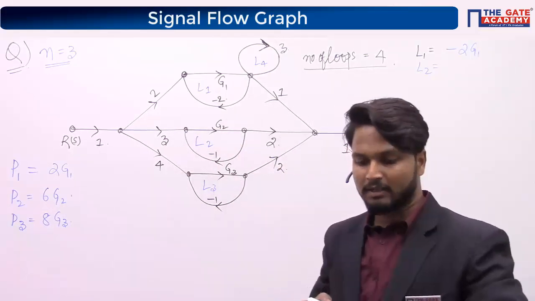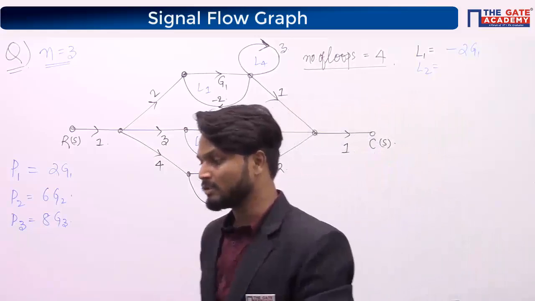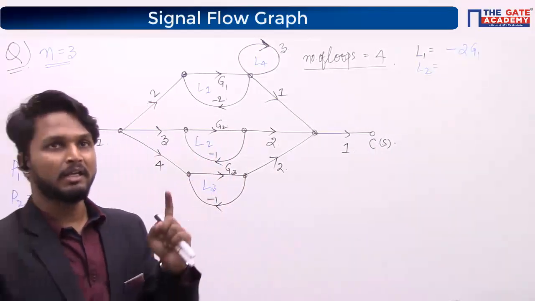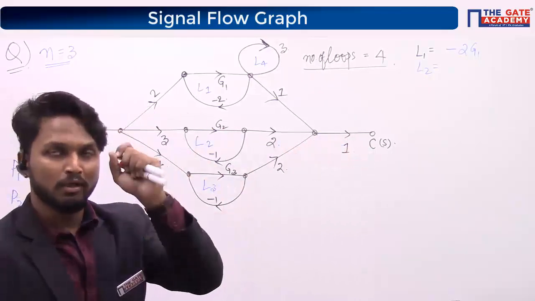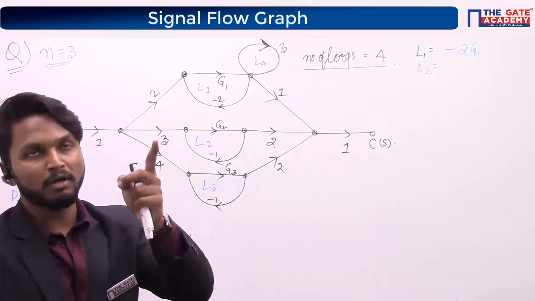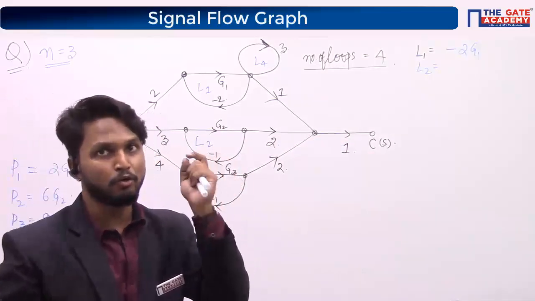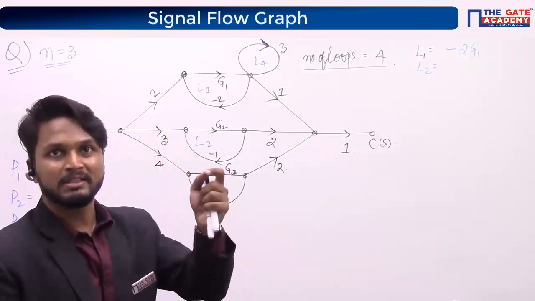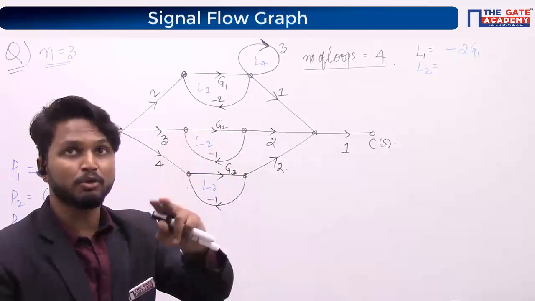I've said that in the definition itself, right? Whether it is a loop, a forward path, or a feedback path, whatever path it is, any node cannot repeat. In a loop, only one node repeats. So a loop is a path starting at a node and ending at the same node, such that no other node repeats more than once.